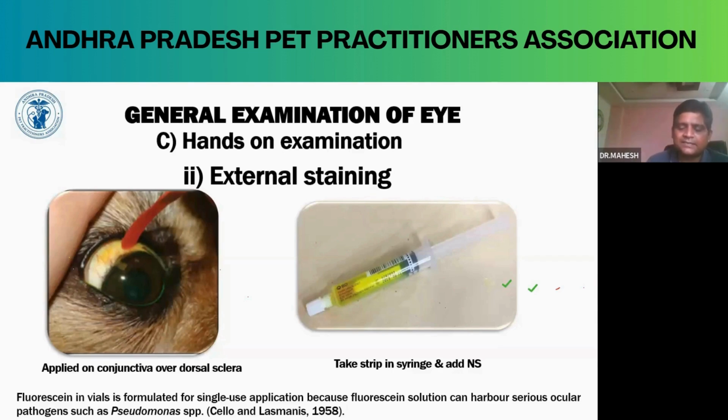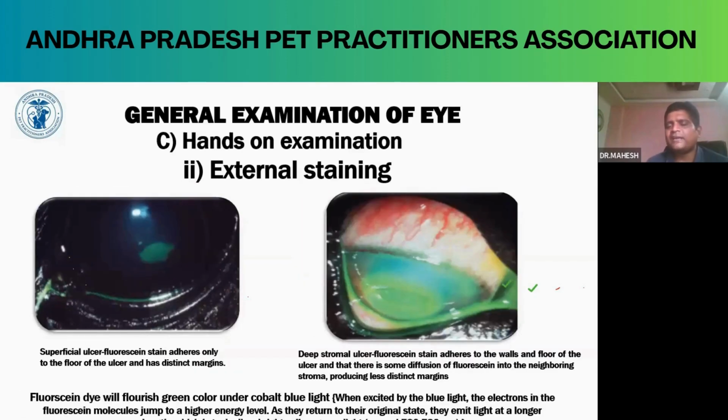The other thing is we need a cobalt blue light for observing the fluorescent dye. Why is cobalt blue required? Generally the fluorescent dye will fluoresce in cobalt blue. What is the principle behind this? You can get it here, that is some molecular excitation will occur.